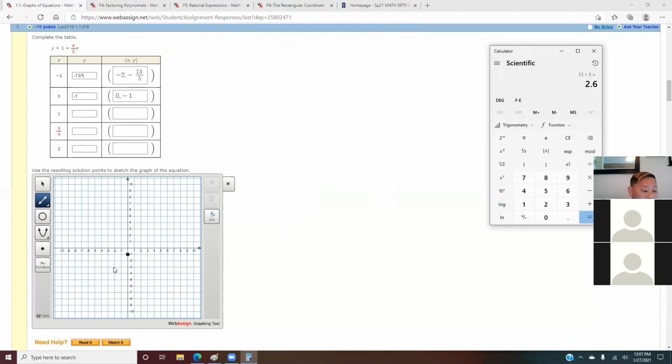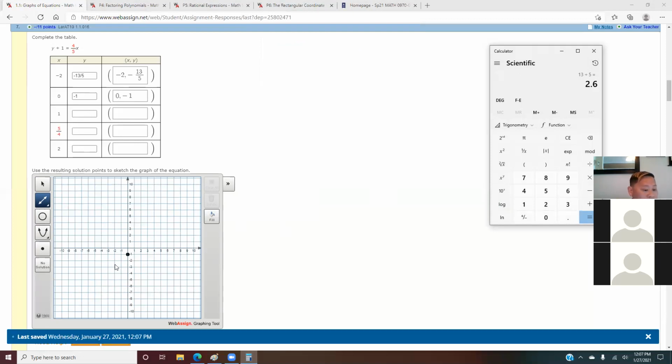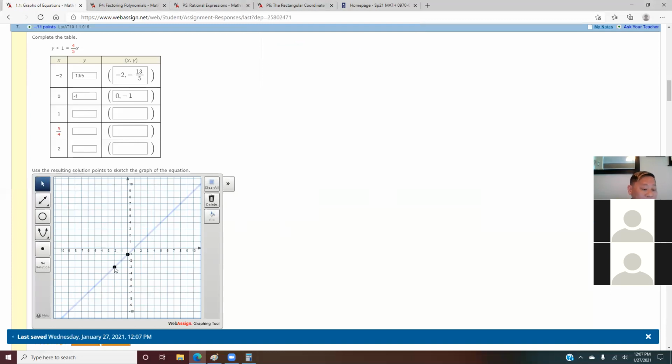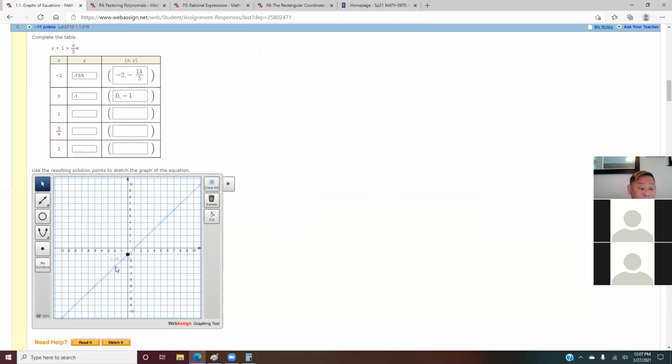And if you click here, unfortunately it just gives you -3, and this is a wrong graph. So what you need to do is click on this little line 1, and change this -3 to -2.6. And your point will move now to -2.6.